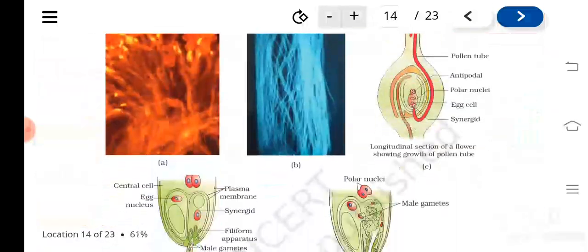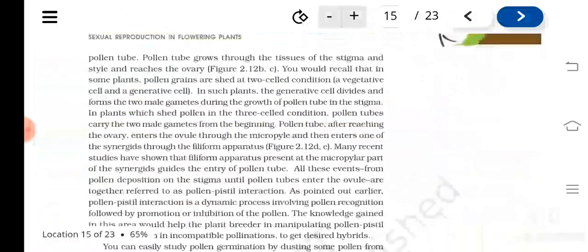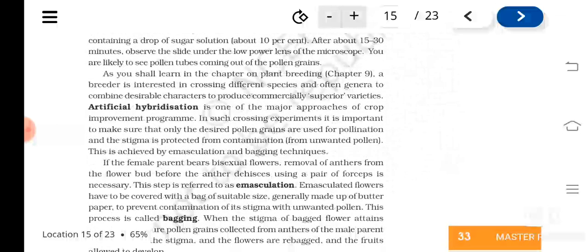Plant breeding technique. So I told you many of the pollen grains will not germinate on the stigma of any flower, unless there is a successful interaction between them. So different plant breeding techniques are there, and one is artificial hybridization.